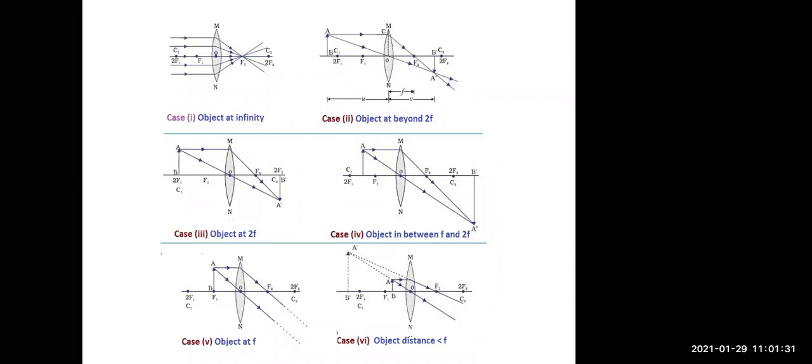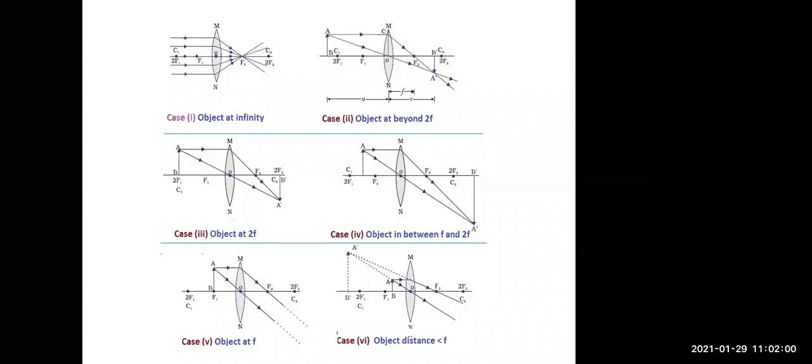The next ray passes through the optical center, so the refracted ray will go through without changing its direction. At the point of intersection of both refracted rays we get the image A dash and B dash, and that image is real and inverted. You can see it is inverted.